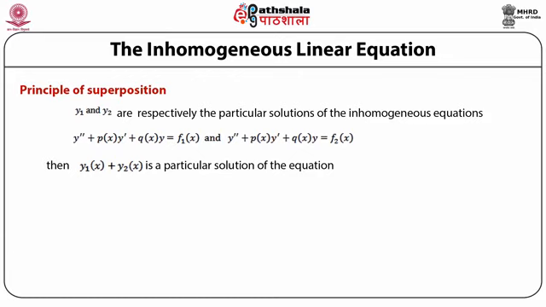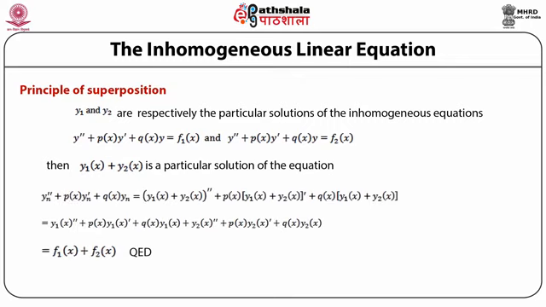Let us prove it. The proof is trivial. yn double prime plus p of x yn prime plus q of x yn is equal to the double derivative of y1 of x plus y2 of x, plus p of x times the single derivative of y1 of x plus y2 of x, plus q of x times y1 of x plus y2 of x.